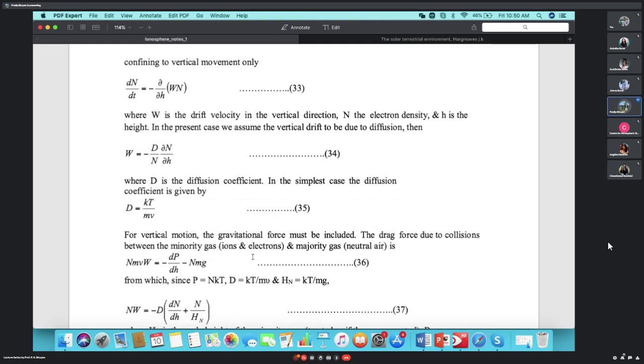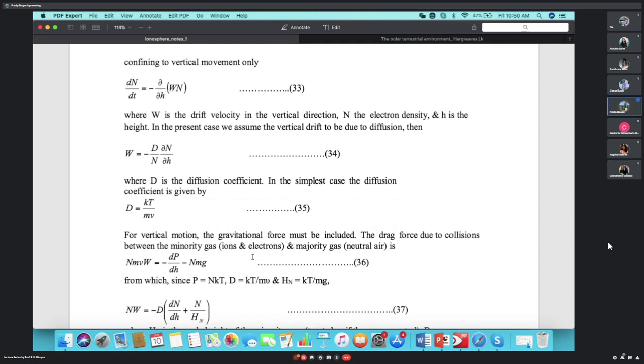With respect to the total concentration of the neutral gas at ionospheric heights, your electron density or the plasma density is 10 to the power minus 3 or even less. That means if you have 1000 or more neutral gas atoms and molecules, you may have only one electron or one ion. So the ionosphere is a thinly ionized medium.